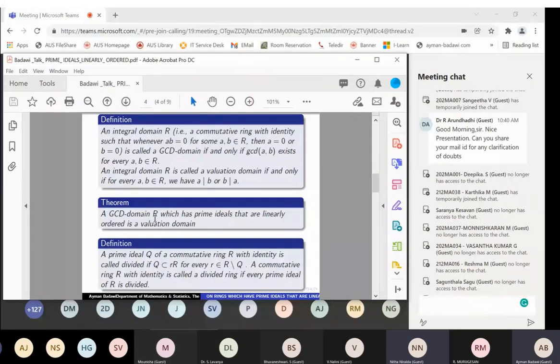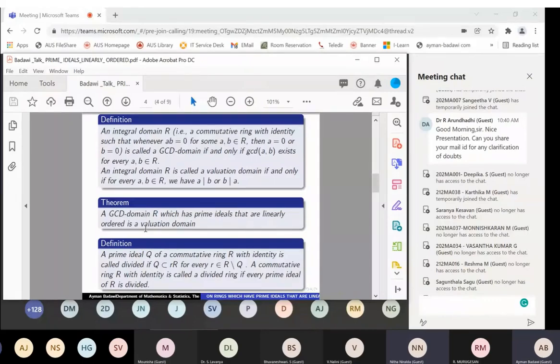What is not true in general? That if the prime ideals are linearly ordered, then it has to be a valuation domain. This need not be true. But if I add that it is a GCD domain and the prime ideals are linearly ordered, then I must have a valuation domain.